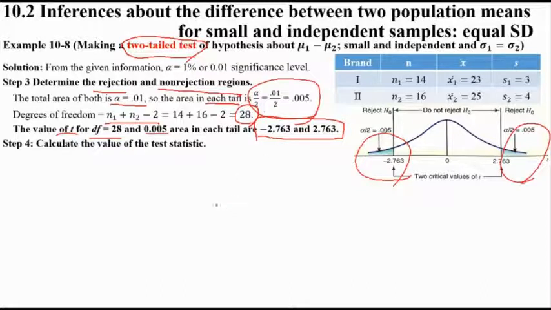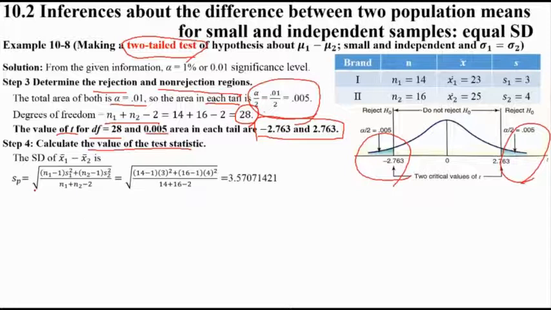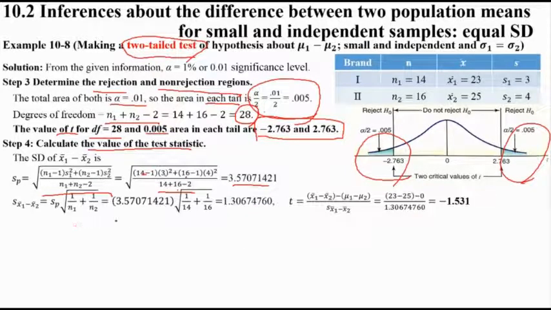So step 4, calculate the value of the test statistic. I'm sorry, you should remember this anyway. What's the first one? Sp, the pooled standard deviation. This formula, and plug in the sample size, standard deviation, sample size, standard deviation, and degree of freedom, right? So this number, and the standard deviation for each sample, right? Sample standard deviation.